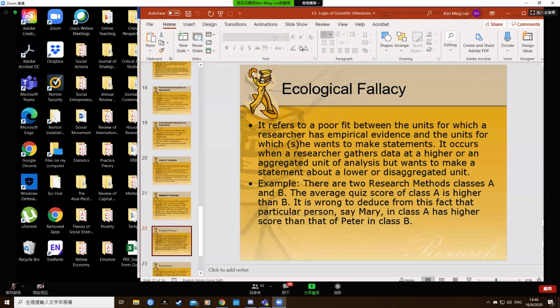For example, we want to study whether PAM students or SS students or EM students, PLA students, LTM students, which program does better in social research. In this case, our unit of analysis is program.